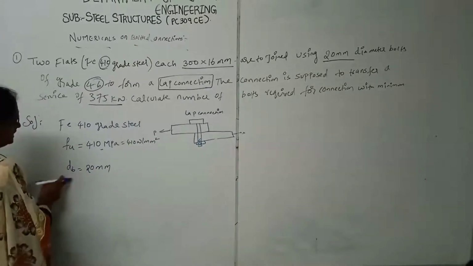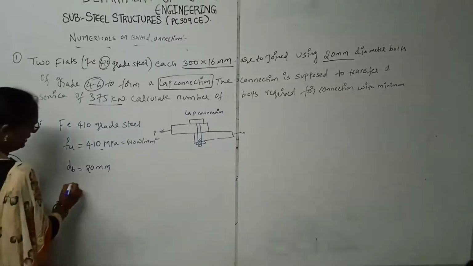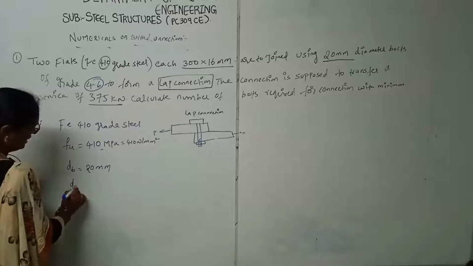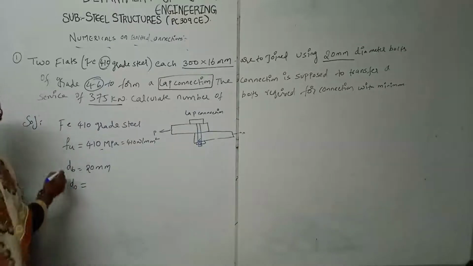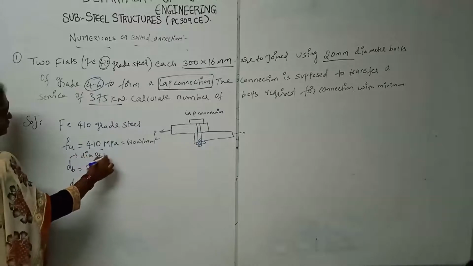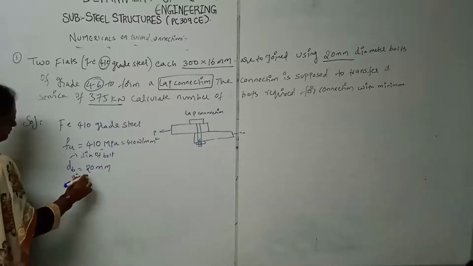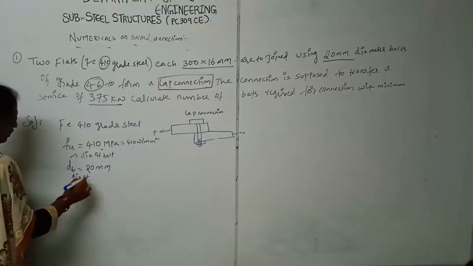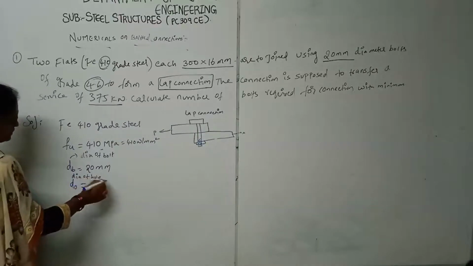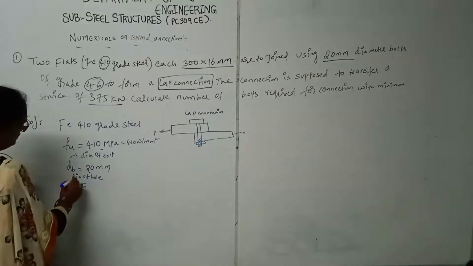Diameter of bolt is 20 mm, and here what will be the diameter of hole?